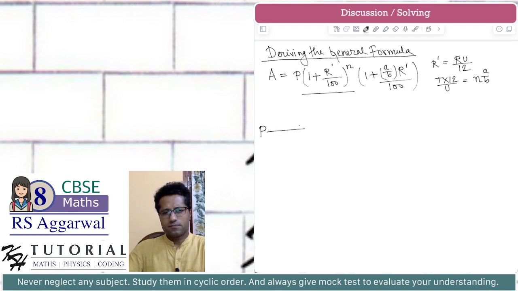Remember that this n is the total number of units of time that is occurring in the time period t, and A by B is the fractional part of a unit of time that is occurring in t. Meaning, if t in months is not exactly divisible by U, then only you will get this fractional part A by B. Otherwise, this fractional part A by B will be 0.